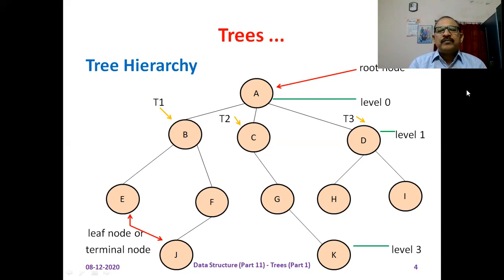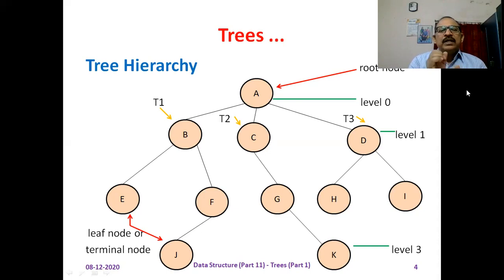Okay. Next, what is the ancestor node? An ancestor node is any predecessor node on a path from root to that node.